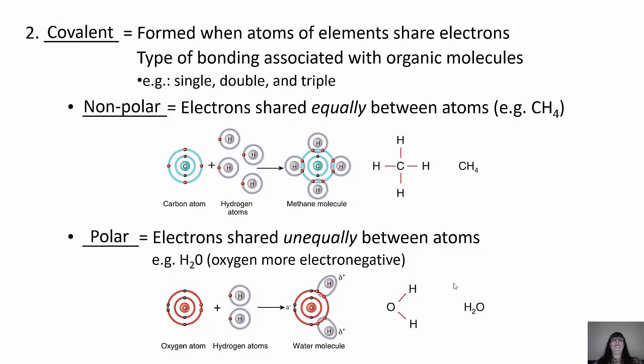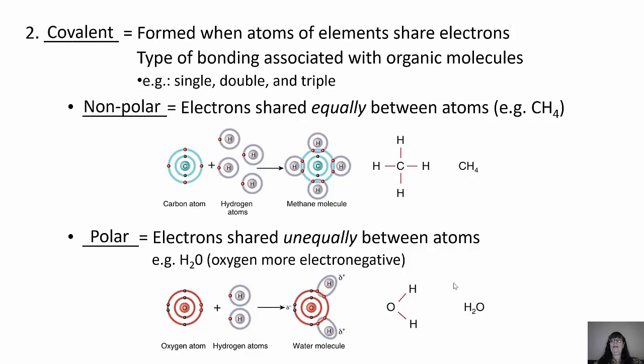Okay? Polar is an unequal sharing of electrons. This leads to electronegativity. Water is an example. Oxygen is a huge atom compared to the hydrogen atoms. So when the hydrogen atoms bind with that oxygen atom, the oxygen has a stronger pull on those electrons than the hydrogen atoms do.